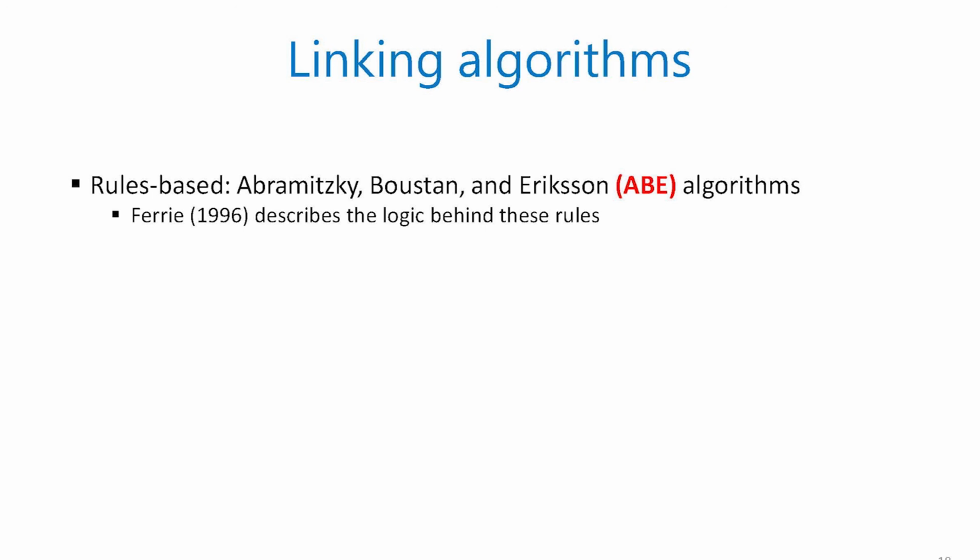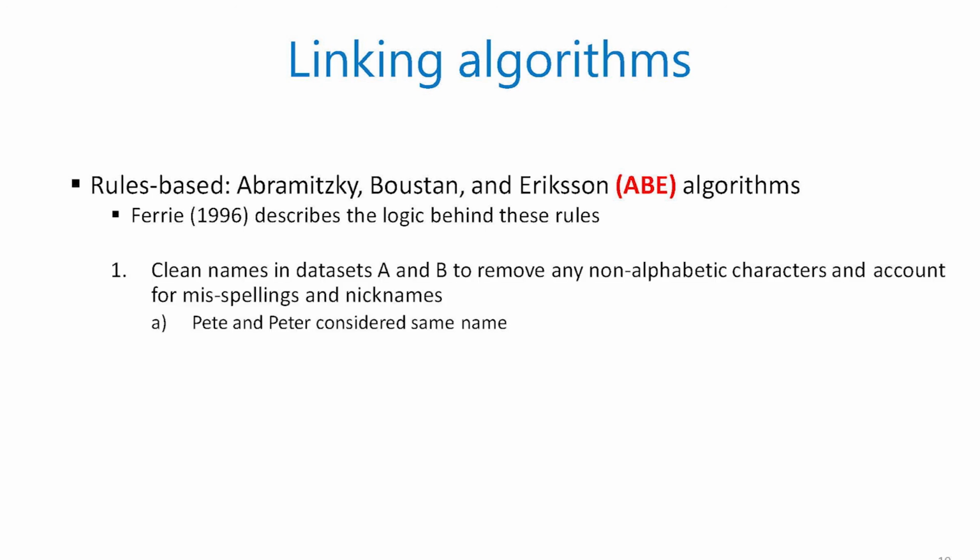And so what the algorithms do is they follow 3 basic rules. So first, we clean the names in the data set, right? We remove non-alphabetical characters, so there are question marks and random things in the censuses. And we also correct for misspellings and nicknames, right? So Gus would become Augustus, August would become Augustus in this typical matching, right?